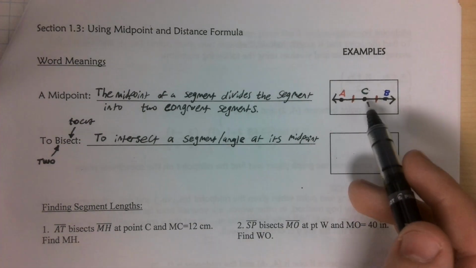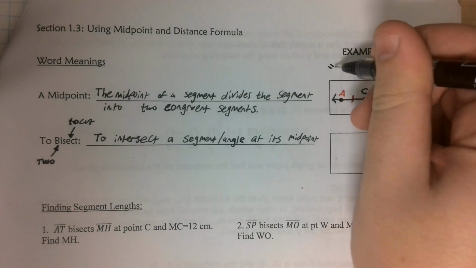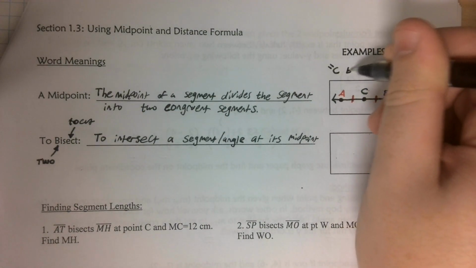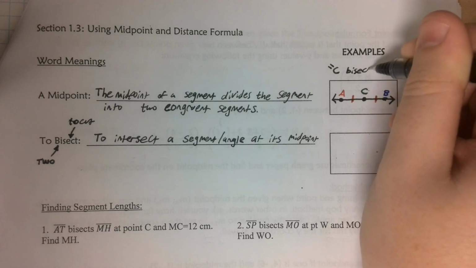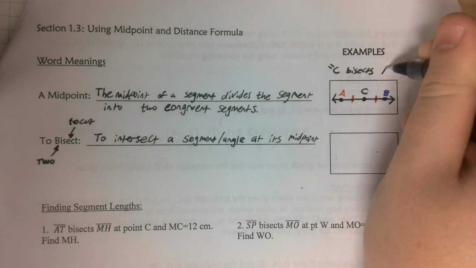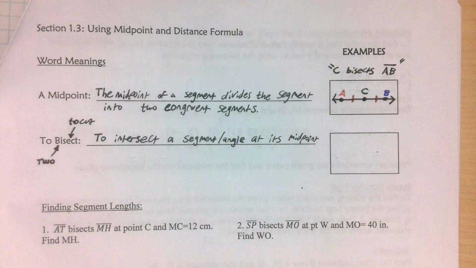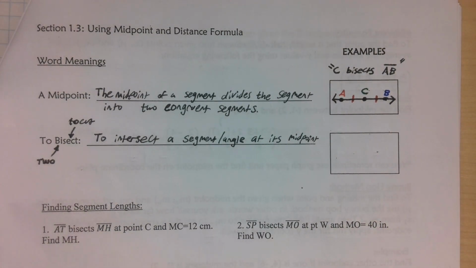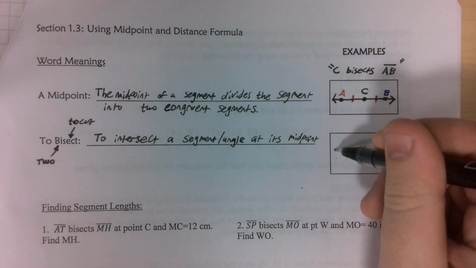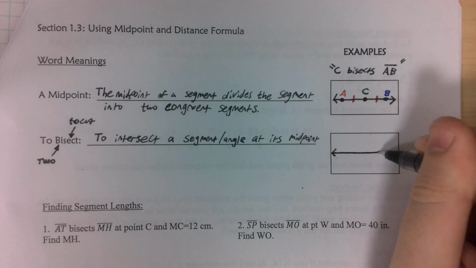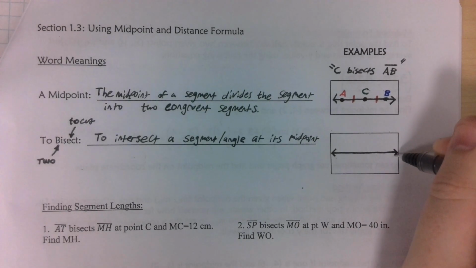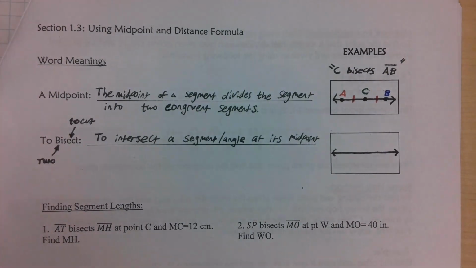So we could say here that C bisects line segment AB, because it's true, it cuts it exactly in half. What happens if we have something that bisects something else? Well, we might call that a bisector, something that cuts something else in half.